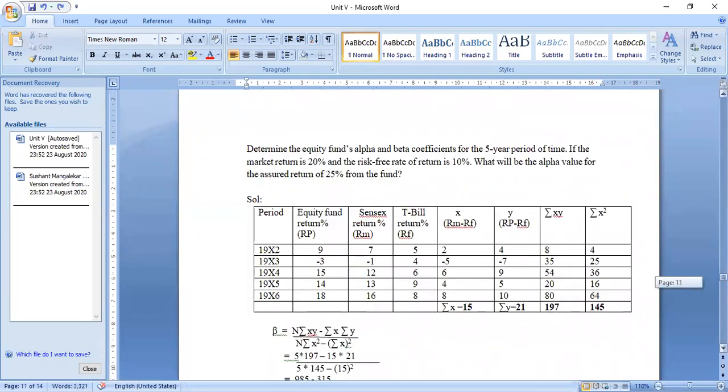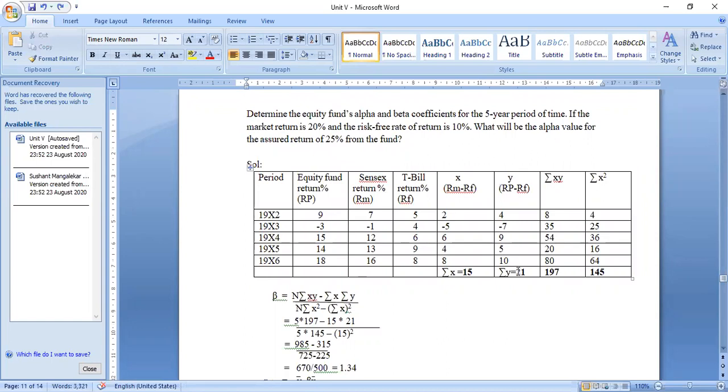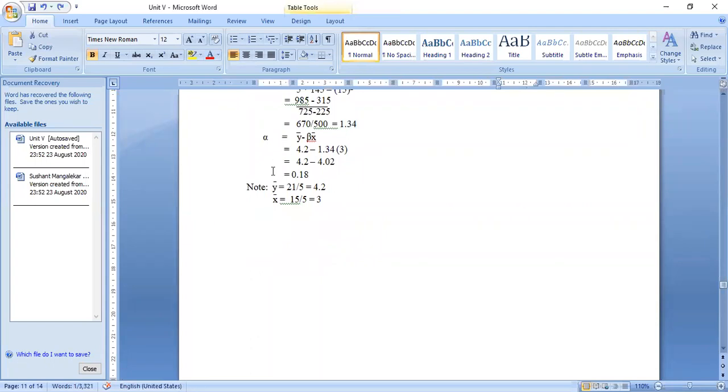We have calculated the summation of y, that is 21. So the mean value is summation y divided by n, which is 21 divided by 5. This I have shown in the working note. You can write y bar is equal to summation y divided by n, which is the normal way we calculate the mean value.